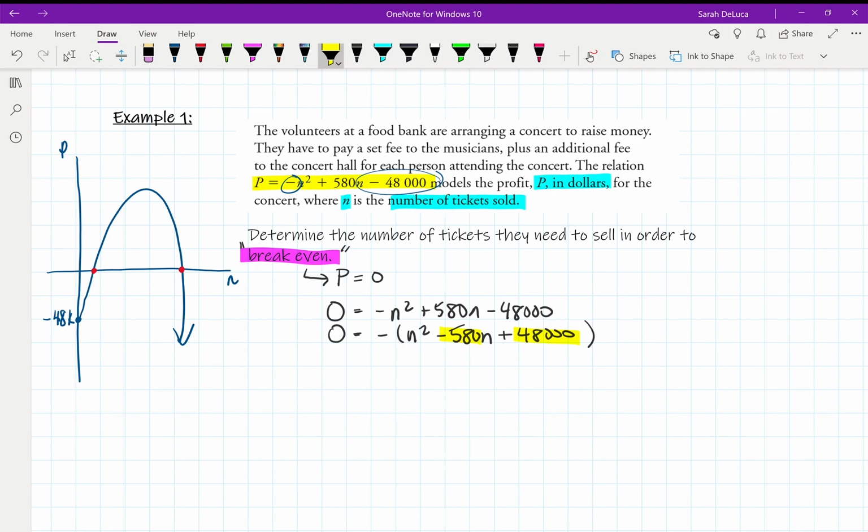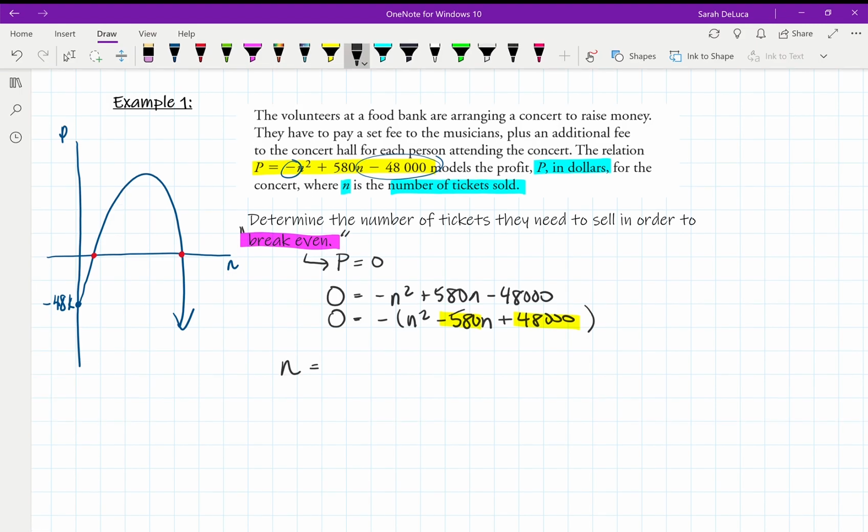So this is an easily factorable one, but let's say you were looking at those numbers and you're like, too big for me, I'd rather just go to the quadratic formula. That's fine. So I'm going to use the quadratic formula here. Remember, the quadratic formula usually starts with x equals because we're finding the x-intercepts, but in the context of this problem, it's actually n equals. So I'll put that.